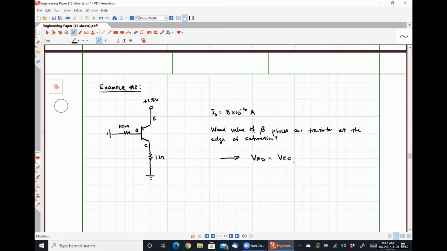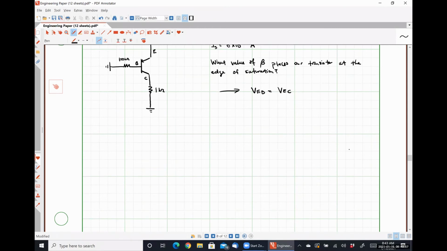I am going to draw my large signal model because I felt that this helps me out when looking at this circuit. I have 1.5 volts here at my emitter terminal. Here is my voltage VEB.